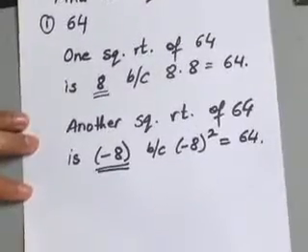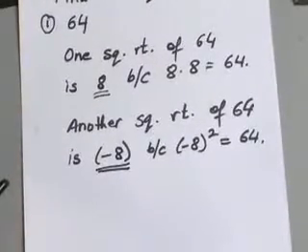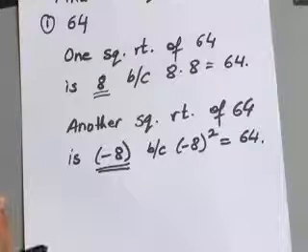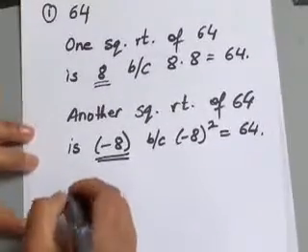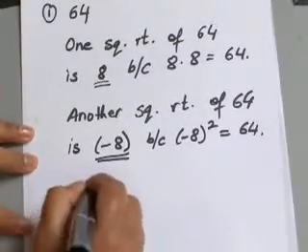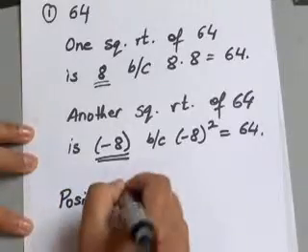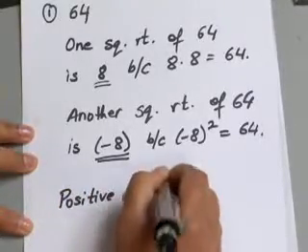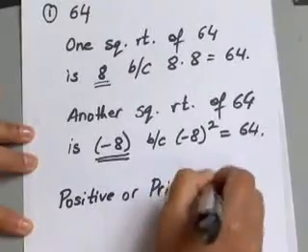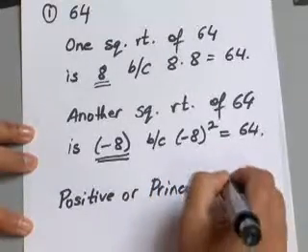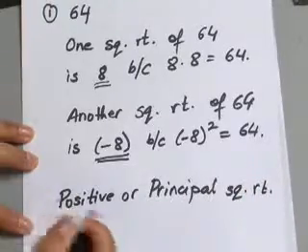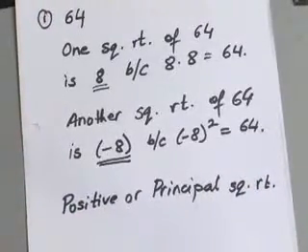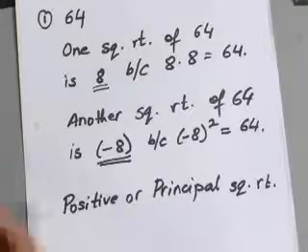The idea is really straightforward: for any positive number, you will always end up with a positive and a negative square root. Your positive square root is also sometimes called the principal square root. So the principal square root of 64 is 8, and the negative square root of 64 is negative 8.